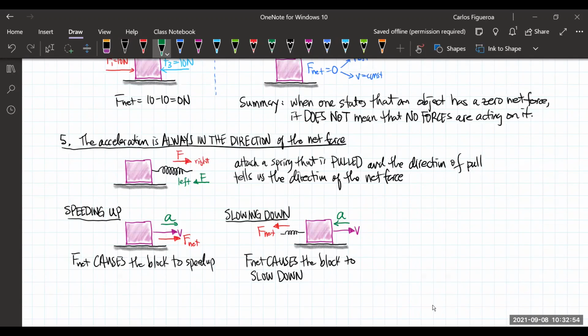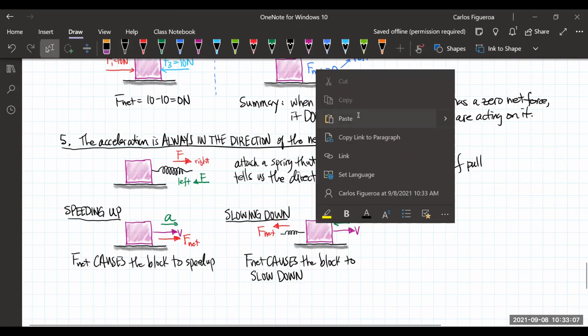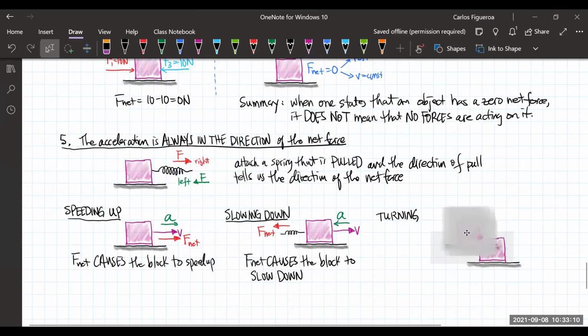Now, we're going to go to the next one, where we're going to talk about turning. This one's harder to see, without any doubt. So look what I'm doing. I'm going to put my block. My block is always going to the right.